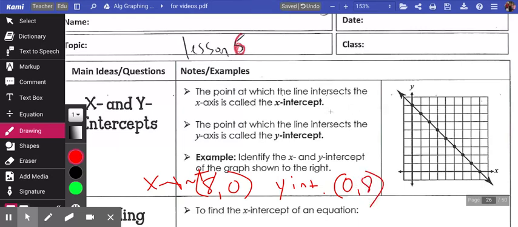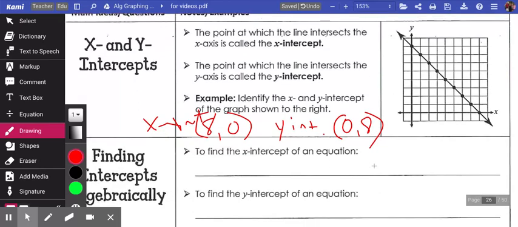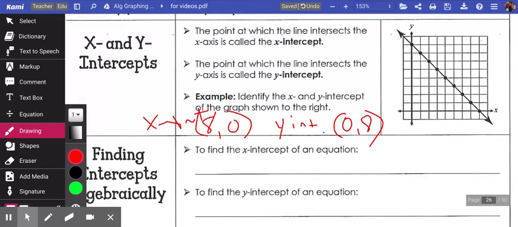If you notice, the x-intercept always has a 0 for the y. It's kind of like opposites. And the y-intercept is always going to have a 0 for the x, always, okay? So to find the x-intercept in an equation, we set the y equal to 0.